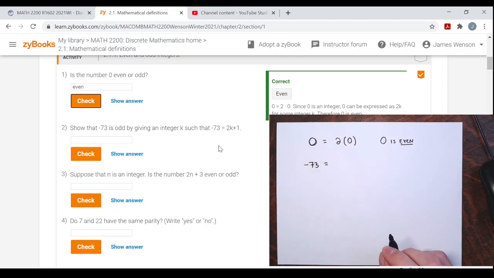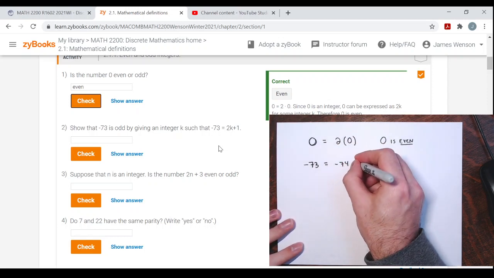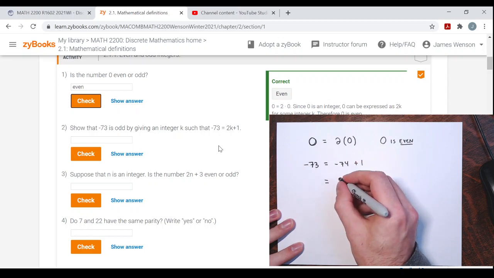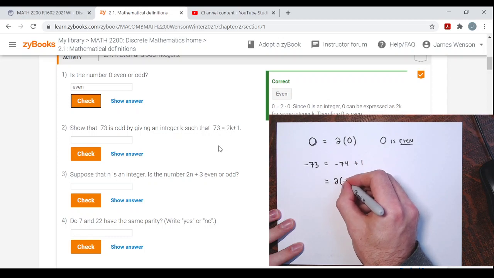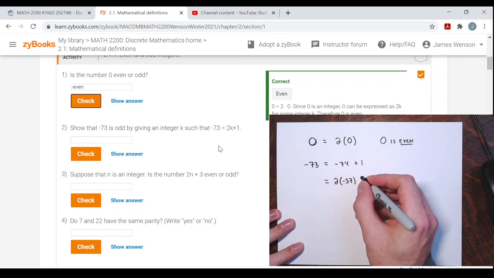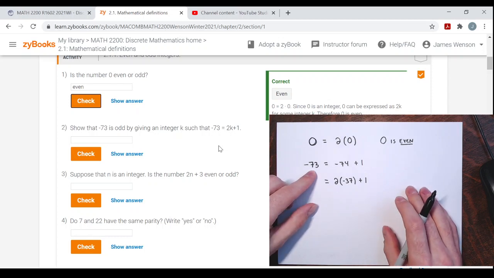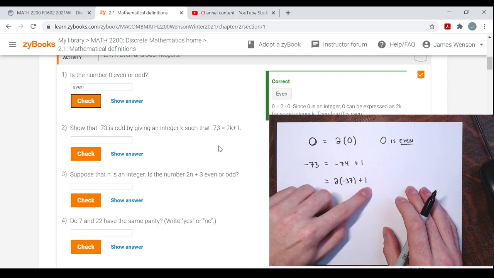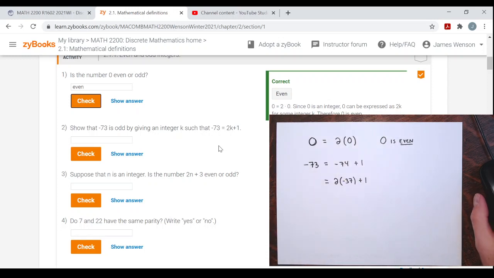That's just one more than negative 74, isn't it? And negative 74 is 2 times negative 37. So negative 73 can be expressed as 2 times an integer, negative 37, plus 1. So negative 73 is an odd integer by definition.